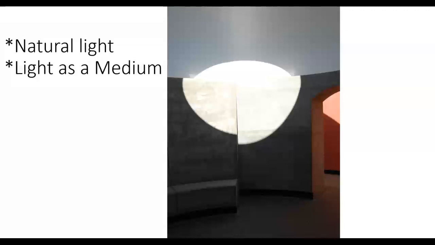As the day moves on and the sun goes around in the sky, this big dot of light moves around the perimeter of the inside of this dome. It's an interesting piece, and you can walk inside here and sit down. It's pretty fun. Anyway, there's something called natural light, light as a medium, or light as something in itself that we make art out of.